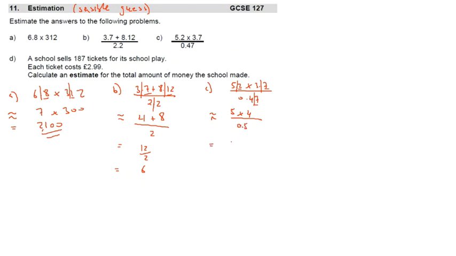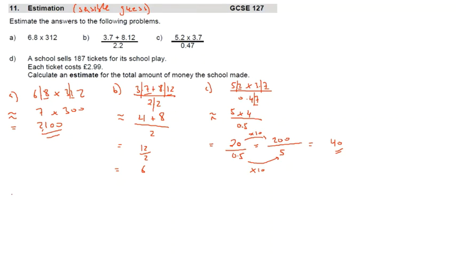So this is basically saying 20 over 0.5. Don't want to play with a decimal, so make the bottom into 5 by times it by 10, top by 10 as well. Get 200 over 5. And if you use the bus stop method, you get 40.